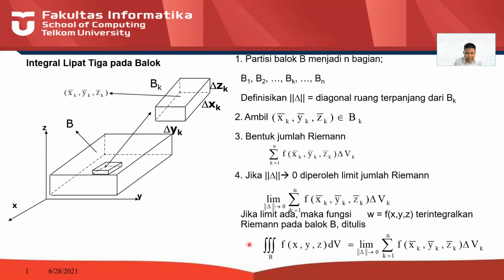Then we define what we call the triple, or threefold, integral. Remember, in the twofold integral we have area, but now in 3D, in the threefold integral, we have volume instead of area.